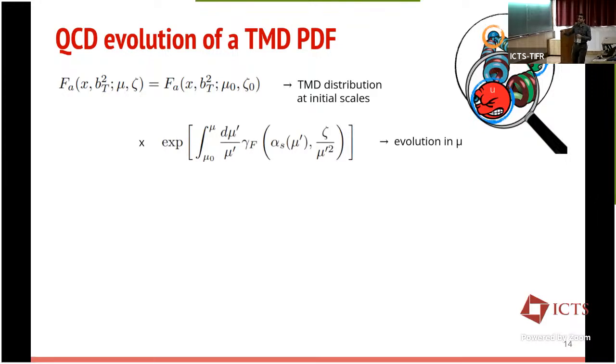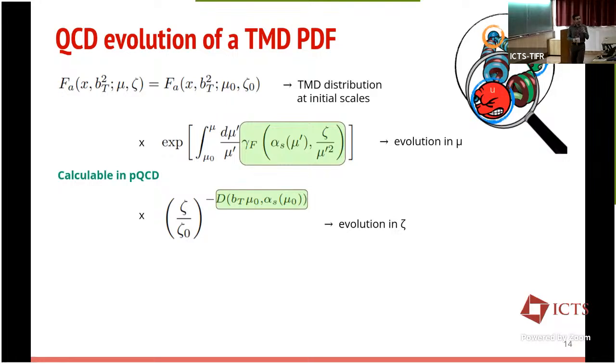Then you have an evolution in mu, which is driven by gamma F, and another evolution in zeta, which is driven by the Collins-Soper kernel D. So it's pretty simple in the end. The difficult part is to look at the expression of gamma F and D. Depending on the perturbative order at which you work, these expressions have different components, of course. They are perturbative series in alpha strong.